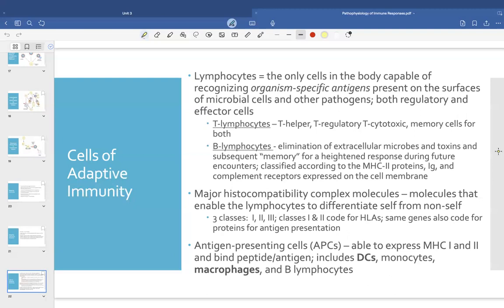It means that they can bind to an organism and then say, I can't do anything with it, but I'm going to take you to a T killer cell and let that T cell kill it. So it's going to present that organism to another cell that has the ability to kill it. So B cells can destroy some types of microbes, but not all. And so there's all this interaction between these different parts of your immune system.